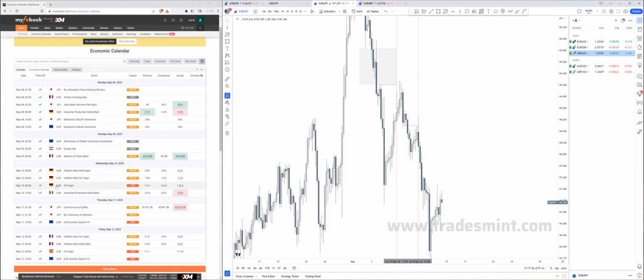We have CPI for Germany. Now, again, this is all for the euro, right? So Germany, France, whatever country it is, if it's in the eurozone, then it is tradable. So right here we have a red impact news event, CPI for Germany. So on that day, there will be more volatility. So on that day is a day we could trade.